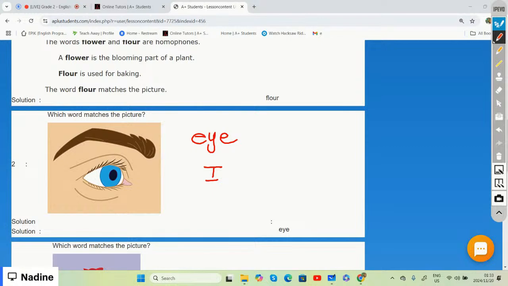So I and I, they sound the same, the meanings are different.